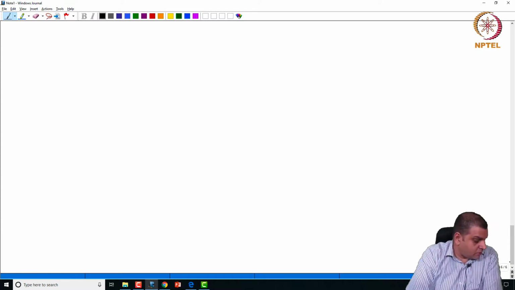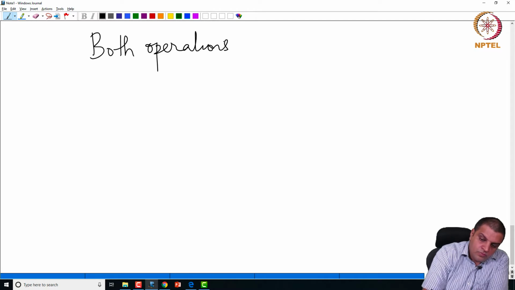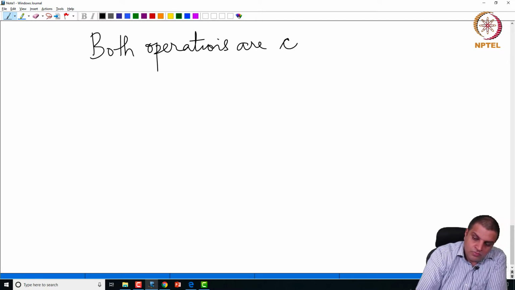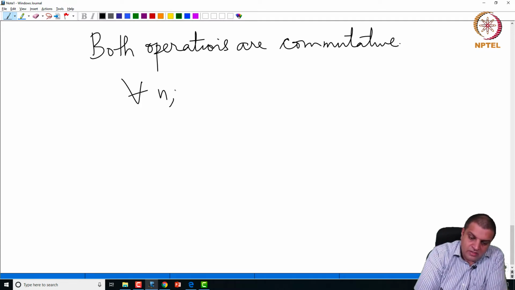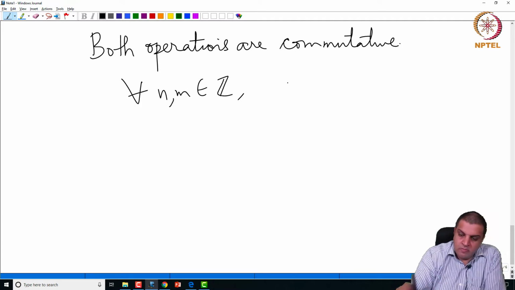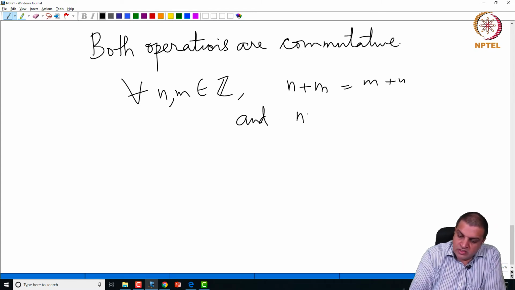And now, what are the properties of these operations? Both operations are commutative. That is, for all integers, if you take the sum n plus m or m plus n, these are the same, and their product is the same.